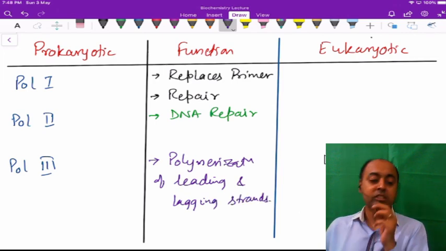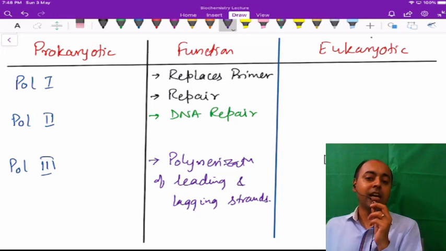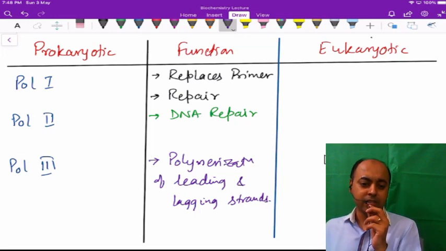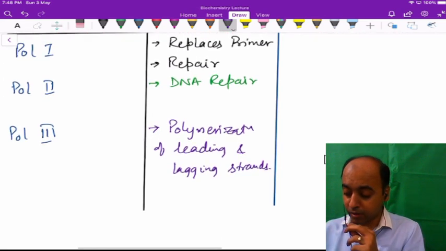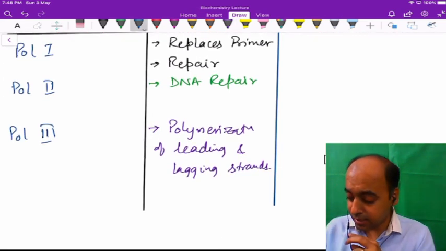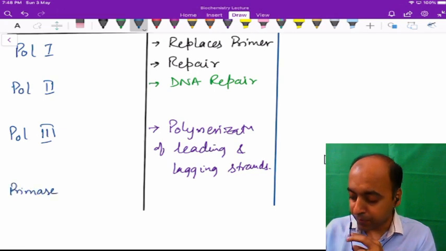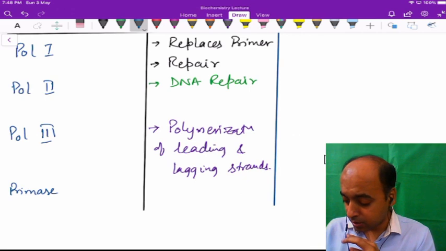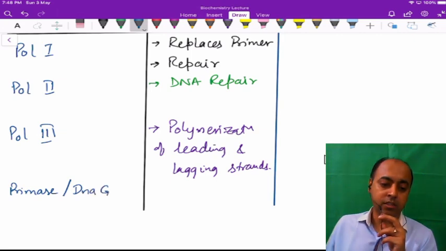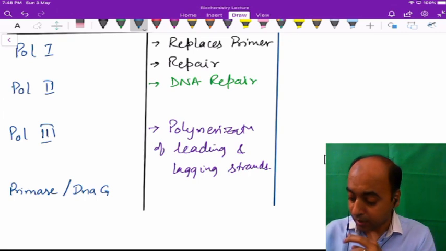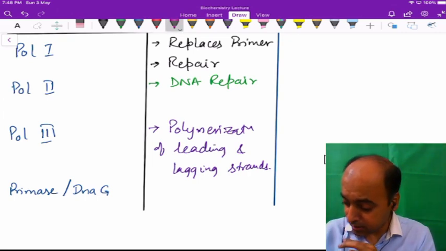The primary polymerization will be done by polymerase 3, and after that the primers can be replaced by polymerase 1. In addition, we said that there is the primase, also known as DNAG protein, and it will synthesize the primer.